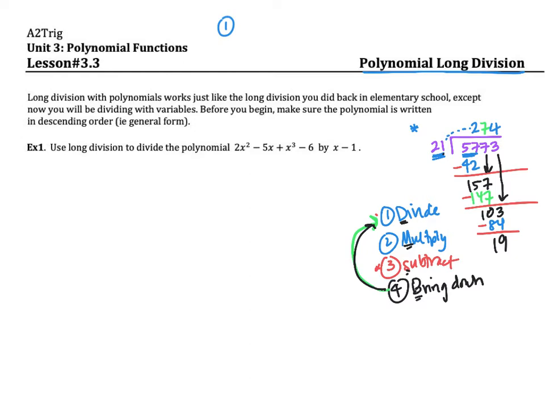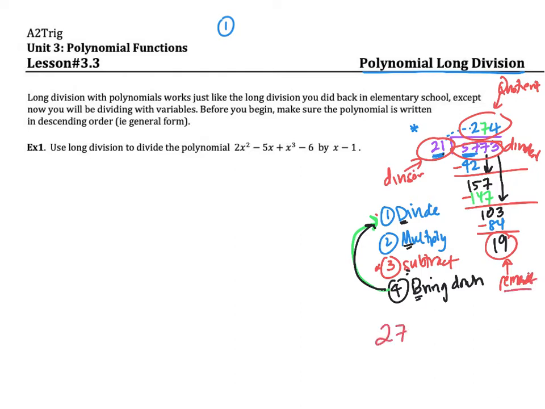So here are some vocabulary words. Up here, I'll use red, this is called our quotient. This is called our divisor. This is called our dividend. And this is called our remainder. Sorry, that doesn't look pretty. So what do we have?